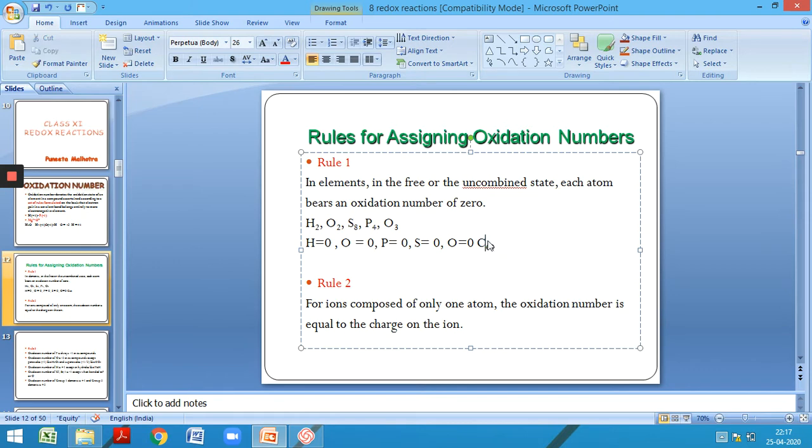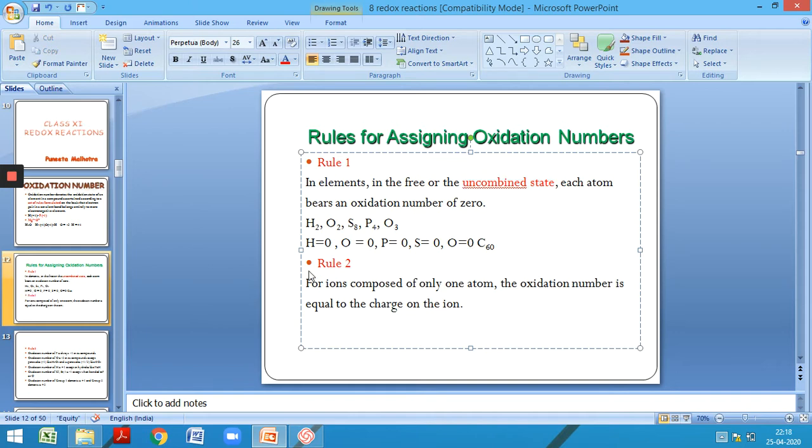It is in its elemental state, that means uncombined. So whenever an atom is present in the element form and not as a compound, the oxidation state is 0.